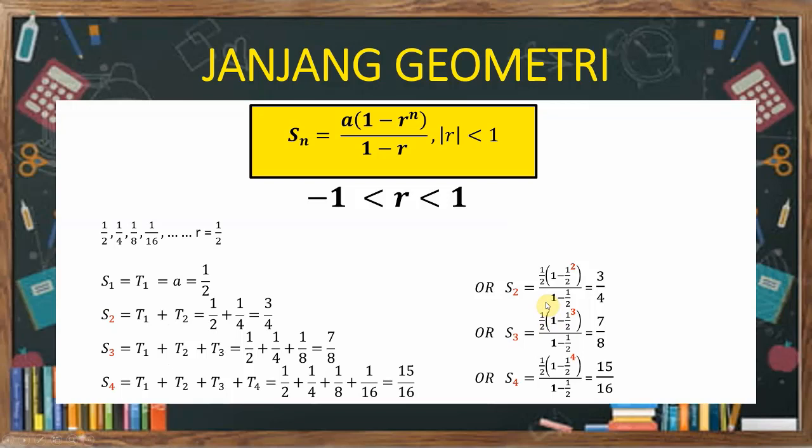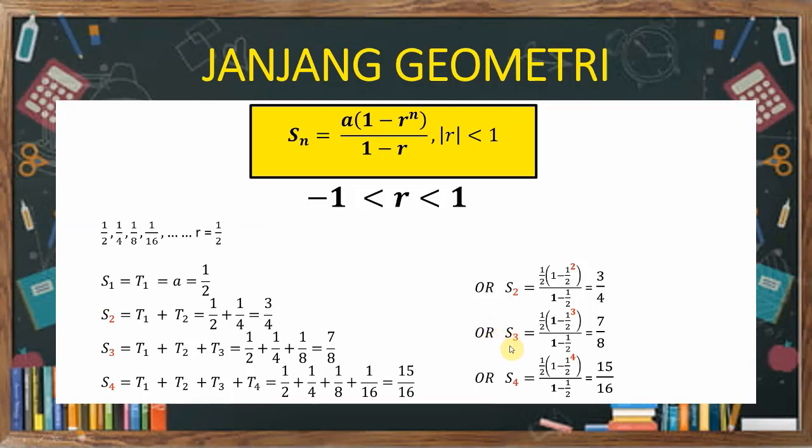Instead, we use the formula to find S2, which is 1 over 2, which is the a, times 1 minus r, which is half, to the power of n, which is 2, divided by 1 minus r. So, you will get the same answer as when you listed the terms and added them up.